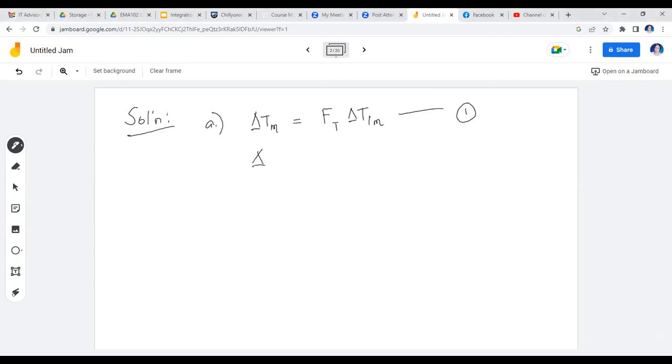Your delta T log mean is given by delta T2 minus delta T1 over ln of delta T2 over delta T1, right? So I write here my equation 2. If I will determine this delta T log mean, what do I need to do then? Because I can't simply have this delta T2 and delta T1 if I don't do this thing. So what will I do, Rosel?